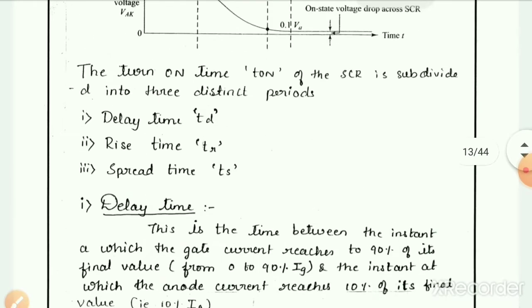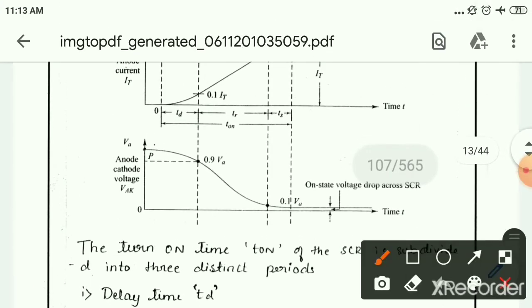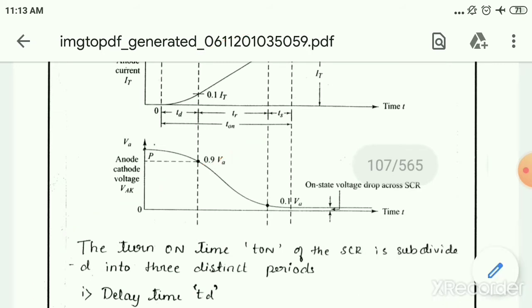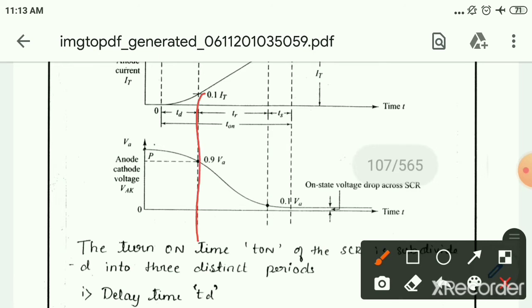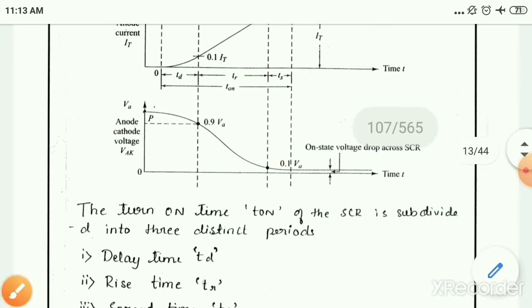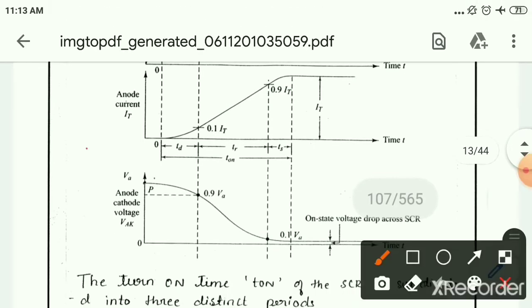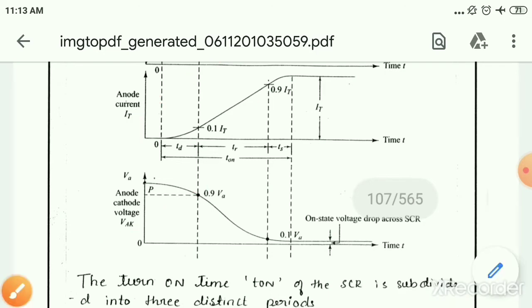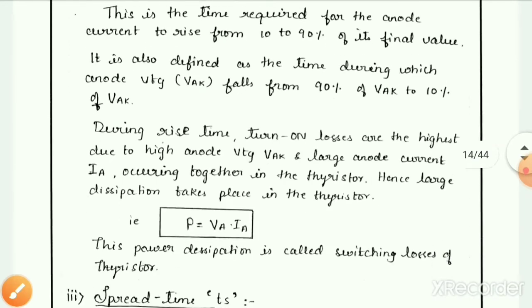So you can define the rise time in terms of anode current, or in terms of anode to cathode voltage. So rise time is also the time required for the voltage to fall from 90% of VAK to 10% of VAK. We can define delay time, rise time, and spread time in terms of anode current or in terms of VAK, the anode to cathode voltage.